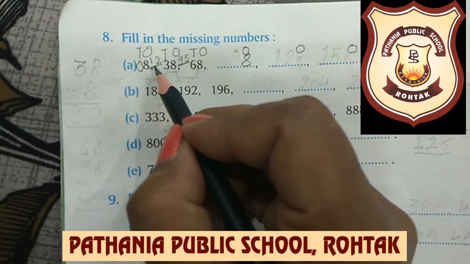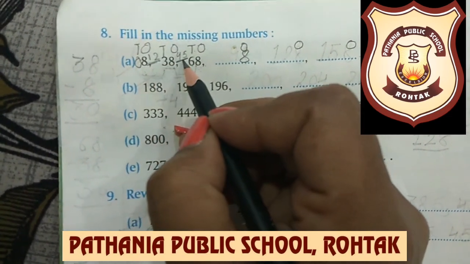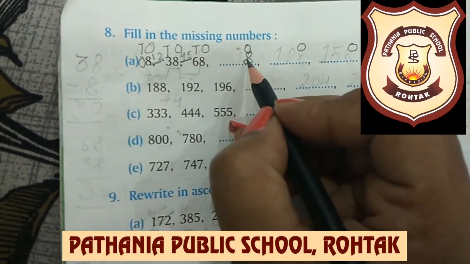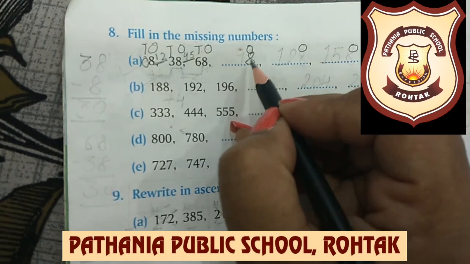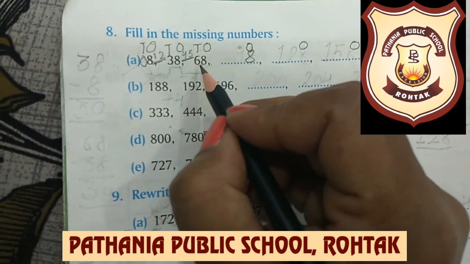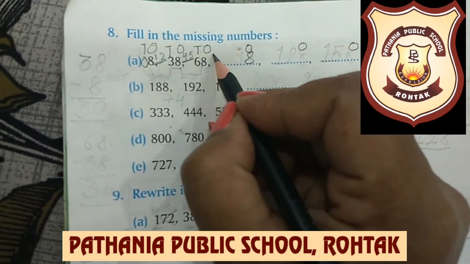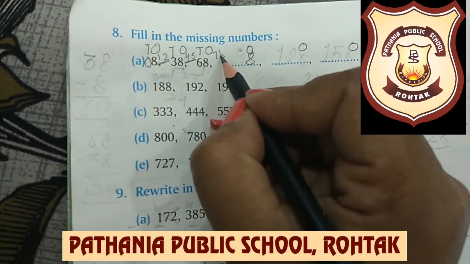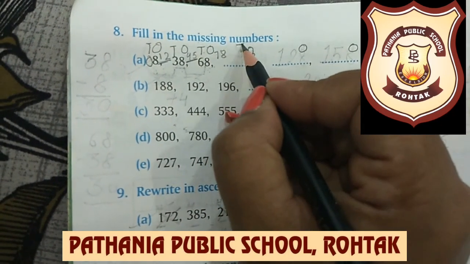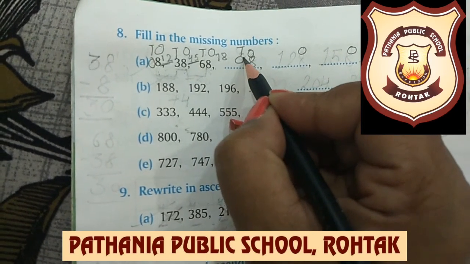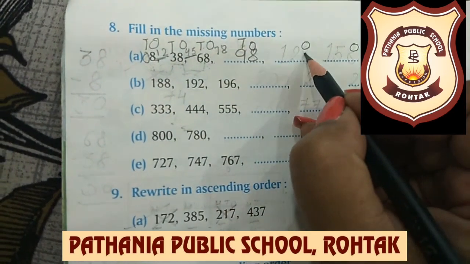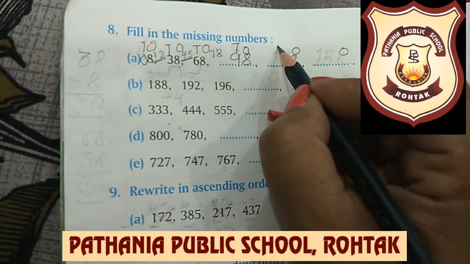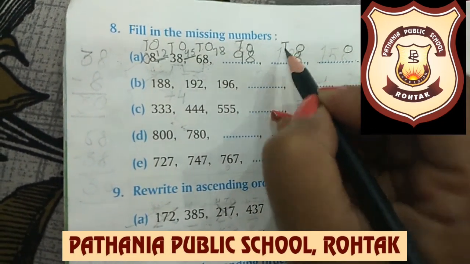That means we got the pattern. We need to skip 2 tens everywhere. So the ones digit will be the same, 8. Now at the tens place 6 is there. Now we need to skip 2 tens, 7 and 8. So at the tens place here we will write 9. Now in the next number also 8 will remain the same. Now what will come at the tens place?